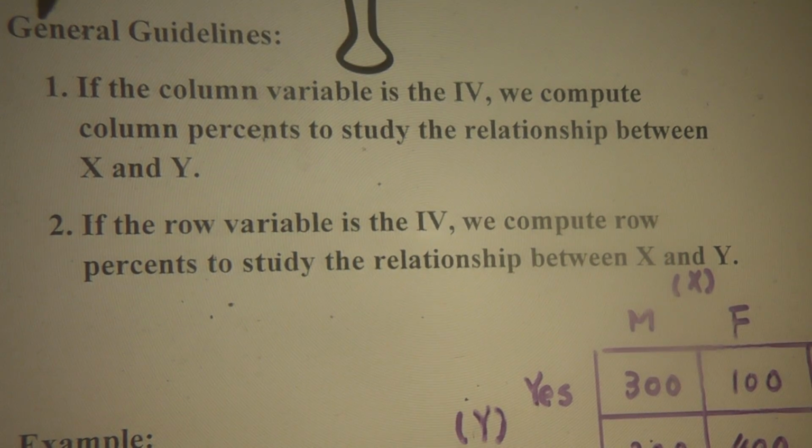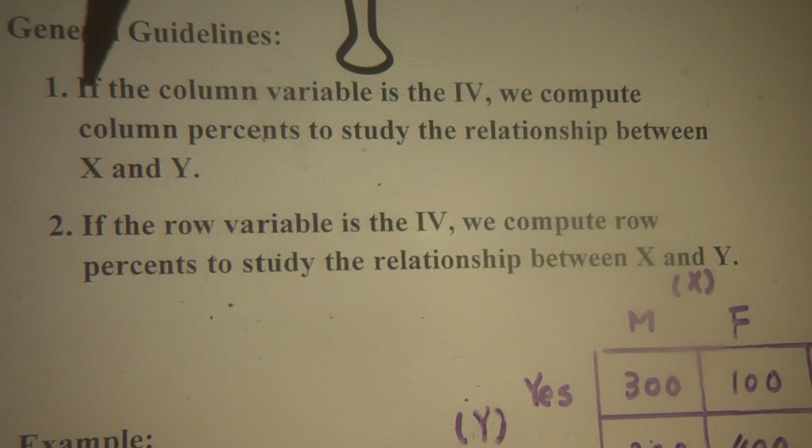General guidelines. The general guidelines tell us how we can study the association between two variables in a two-way table.